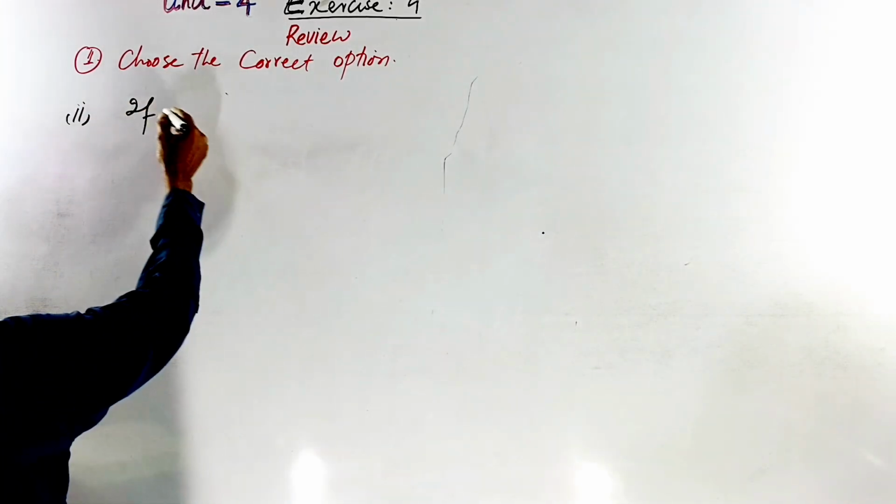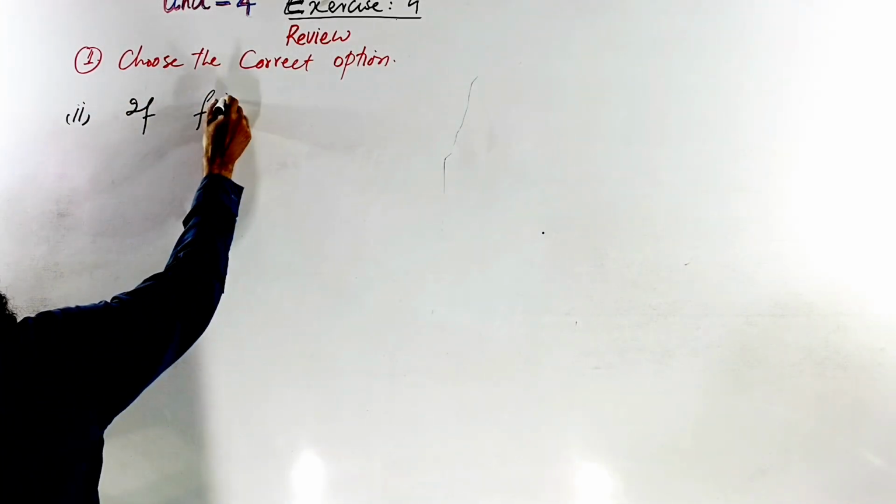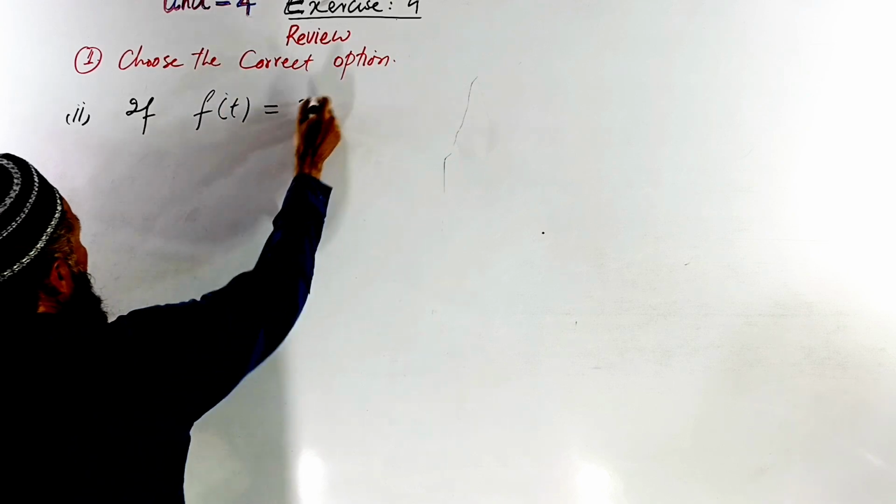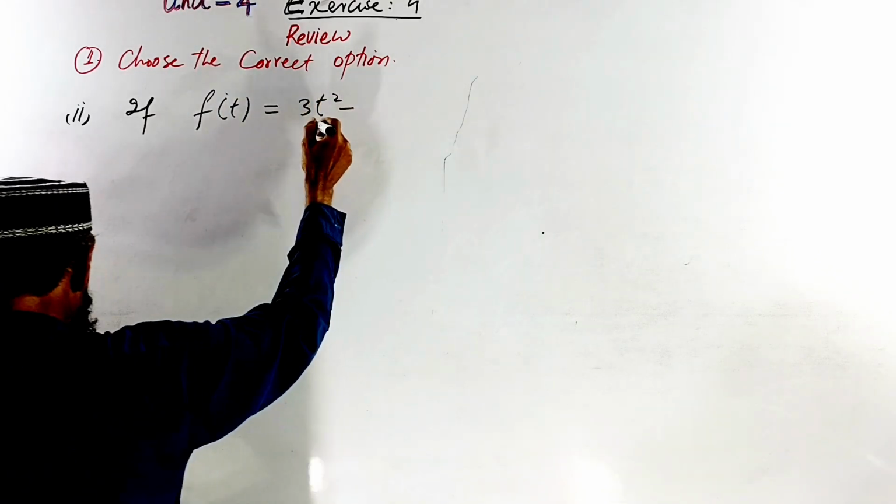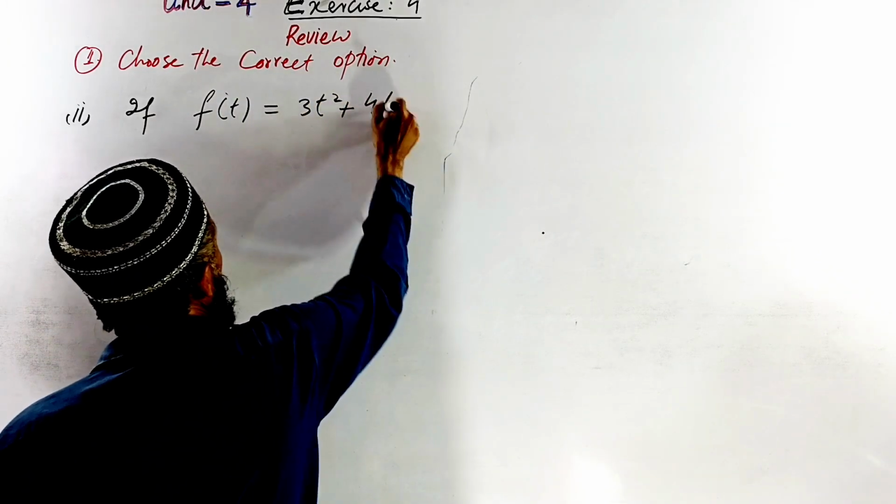Next, f(t) is equal to 3t square plus 4t minus 5.